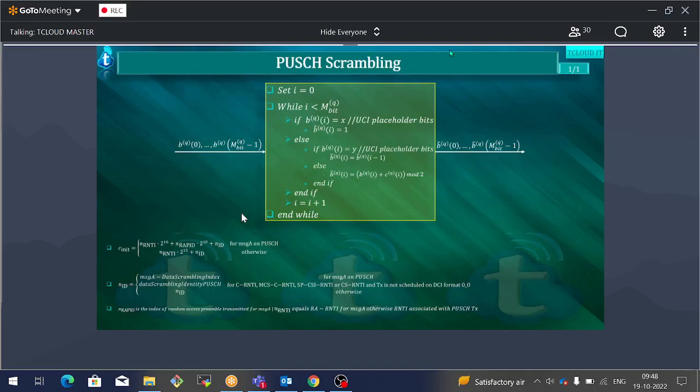For that, the scrambling process is different, and for the actual data part, the scrambling process is different. For the actual data part, you take each and every bit of the data that is generated out of the transport block, and you do the modulo operation with the scrambling sequence. The scrambling sequence is calculated with this c_init value, where n_RNTI plays an important role.